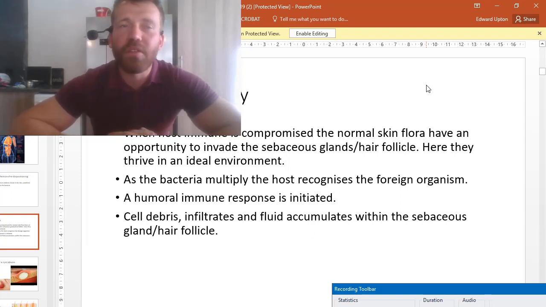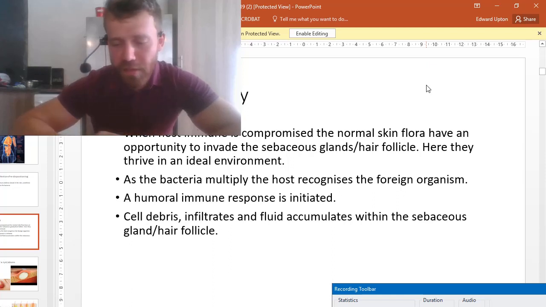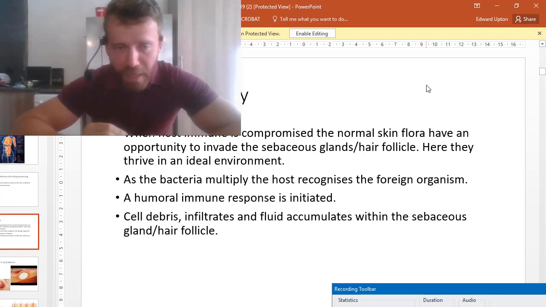Or you could simply have a compromised immune system in which your body would allow Streptococcus to start multiplying in that area. But let's say, for example, that a Streptococcus or a Staphylococcus entered into the subfollicle itself and entered into the sebaceous gland. The bacteria would start multiplying and thriving there, and then your body would start a humoral immune response.